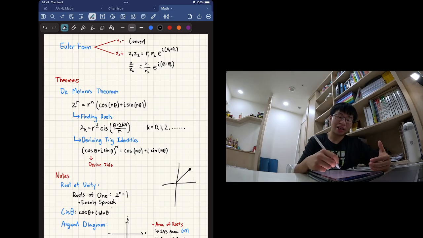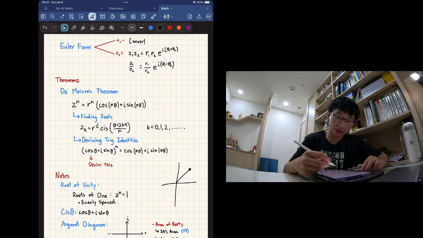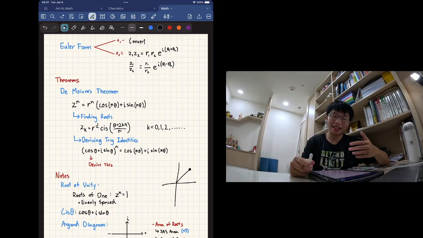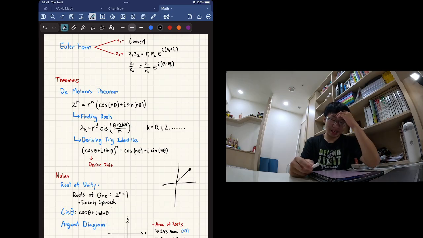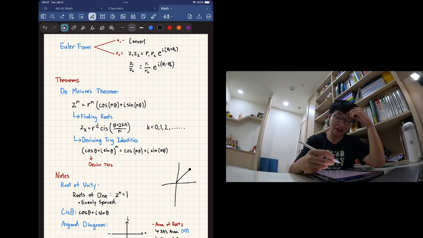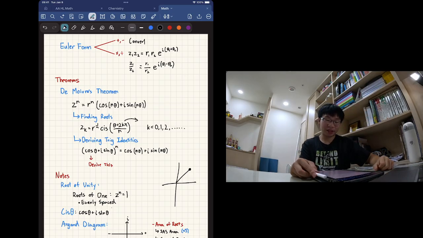And it can tell you how many roots you need to find, and you need to be sure you know how to use this formula. I can't really think of an example off the top of my head, but you want to keep in mind that k is which root you want to find, and k will start from 0. Okay, so you don't want to get the addition wrong.